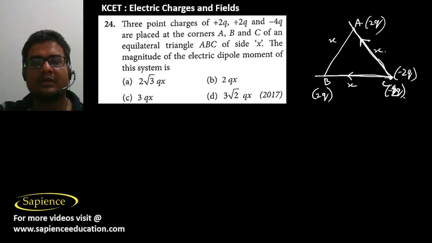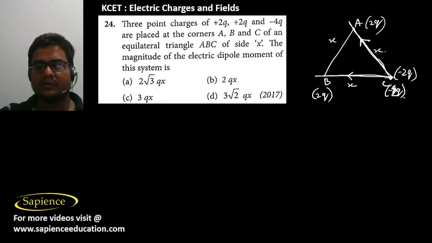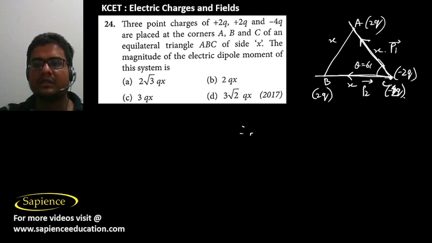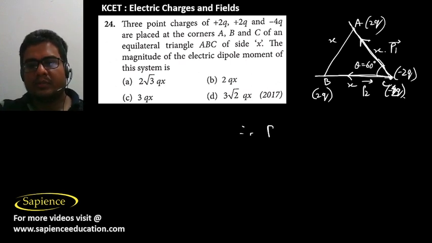The magnitude of the electric dipole moment of the system: I can say this dipole is P1 vector and the other is P2 vector. This is an equilateral triangle, so the angle theta is 60 degrees. So P net is P1 plus P2.